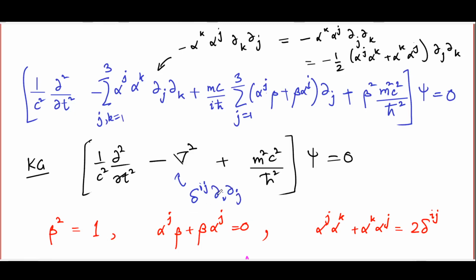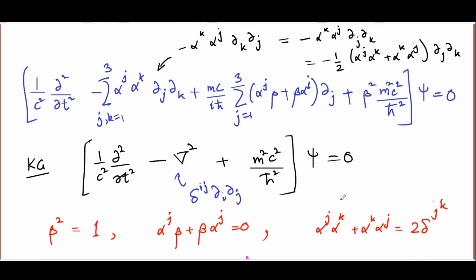What you would have to do is symmetrize this first and only equate the symmetric part to δ_jk, or if I wrote this with i and j instead, I would have equated that to δ_ij. With that in mind, what we get is α_j α_k plus α_k α_j is twice δ_jk.